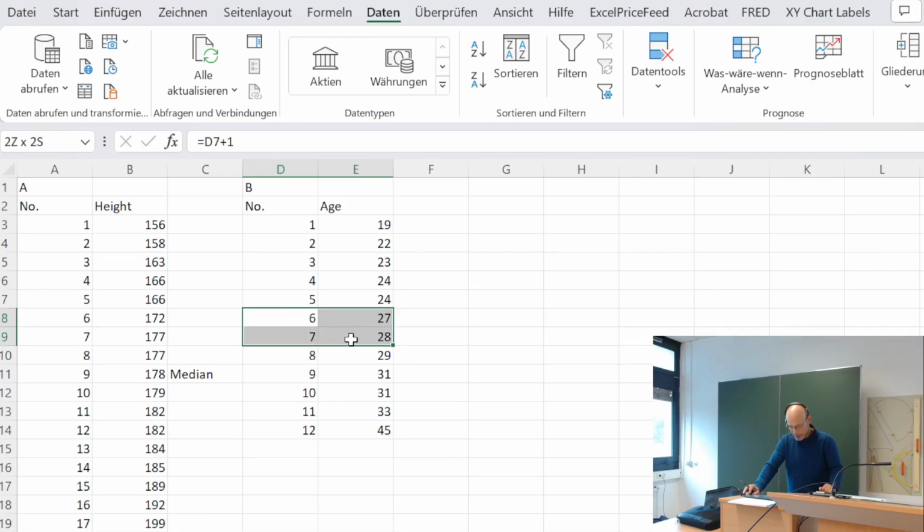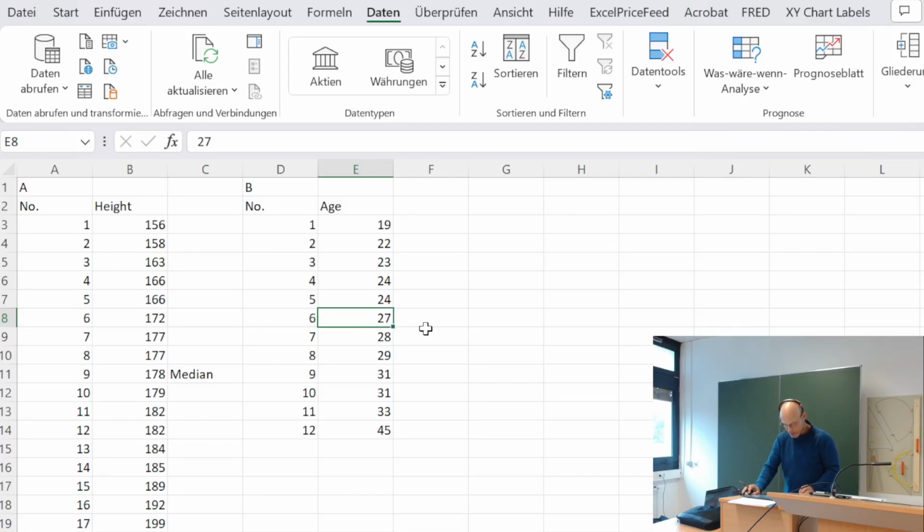Yes, it's 6 and 7. Since these two numbers differ, it's 27 and 28. So what is the median then? Yeah, 27.5. Because then we take the arithmetic mean of these two numbers.